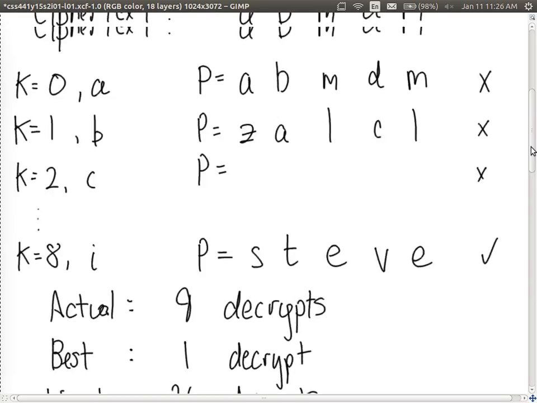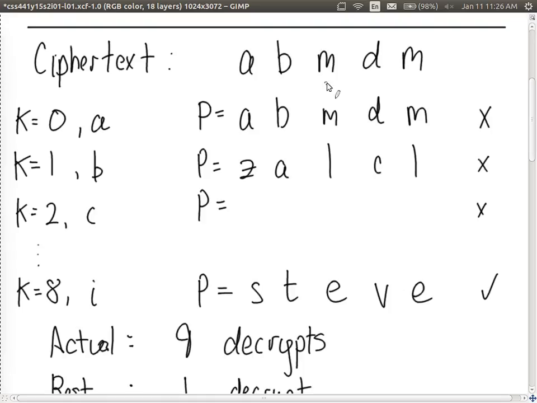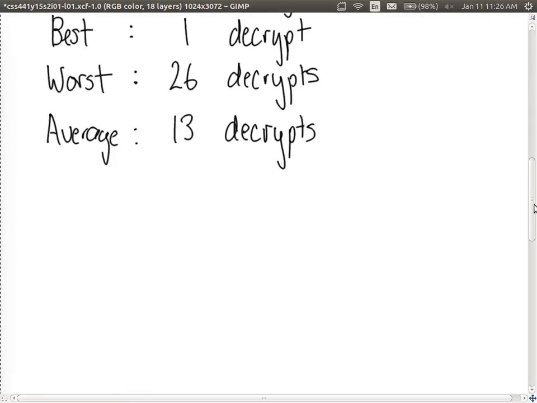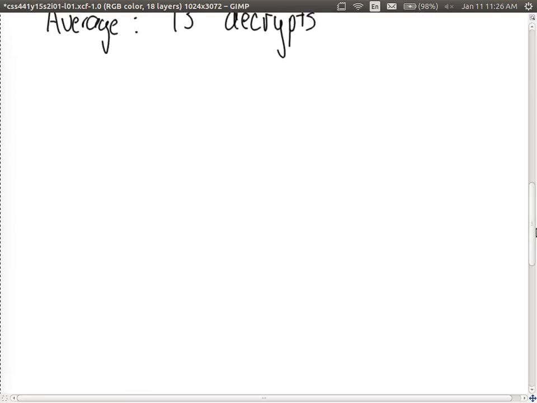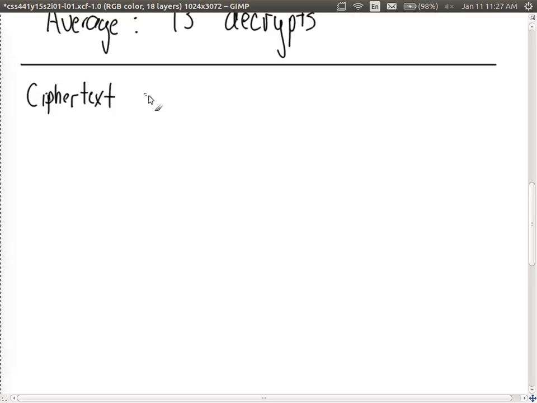Let's just see if it works on our previous example, where we map our ciphertext to numbers. Same ciphertext. Just to show you the idea of that equation.